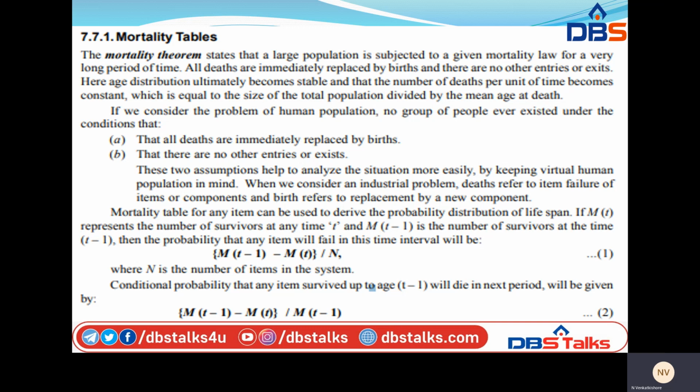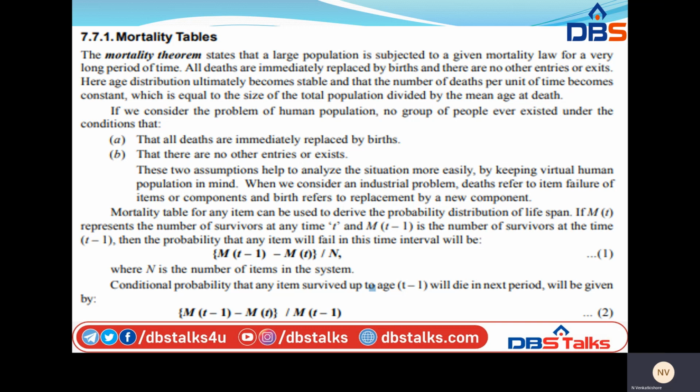That is equal to the size of the total population divided by the mean age at death. The mortality table is related to the age factor, that is, how many deaths there are. Deaths means exit, and births means entry. So the number of deaths is to be replaced with the number of births.